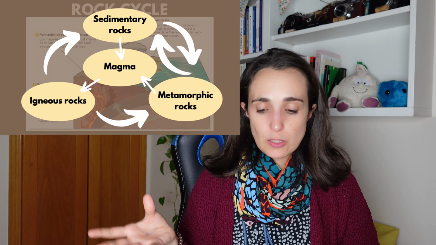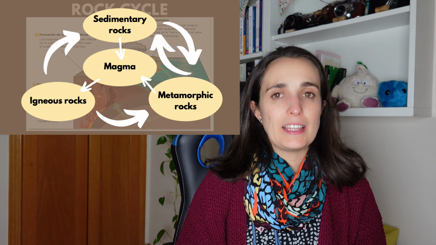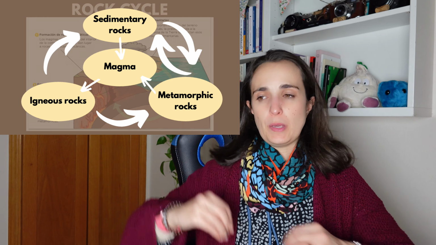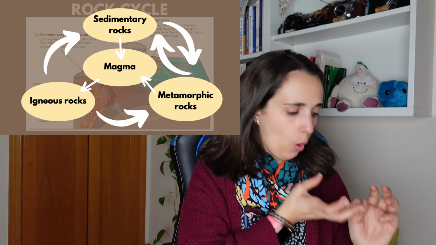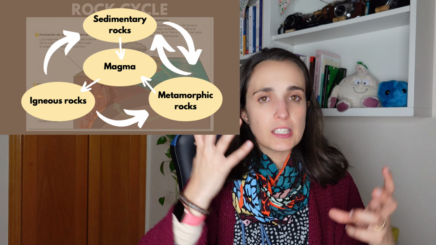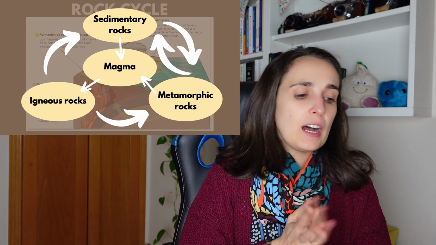And as well as with the orogenesis and glyptogenesis, we also have a cycle in the rocks. So a rock won't always be magmatic or igneous or metamorphic or sedimentary. They also change depending on what's going on in the surface or in the inner of the earth.